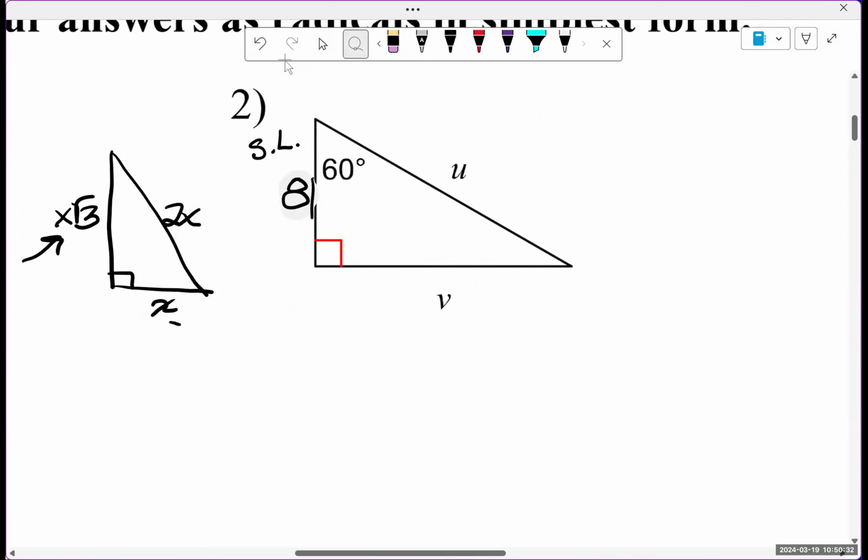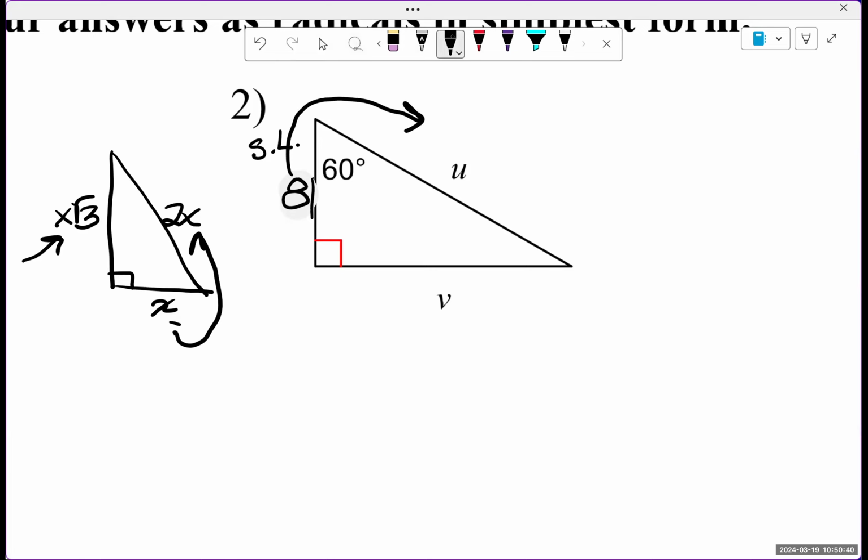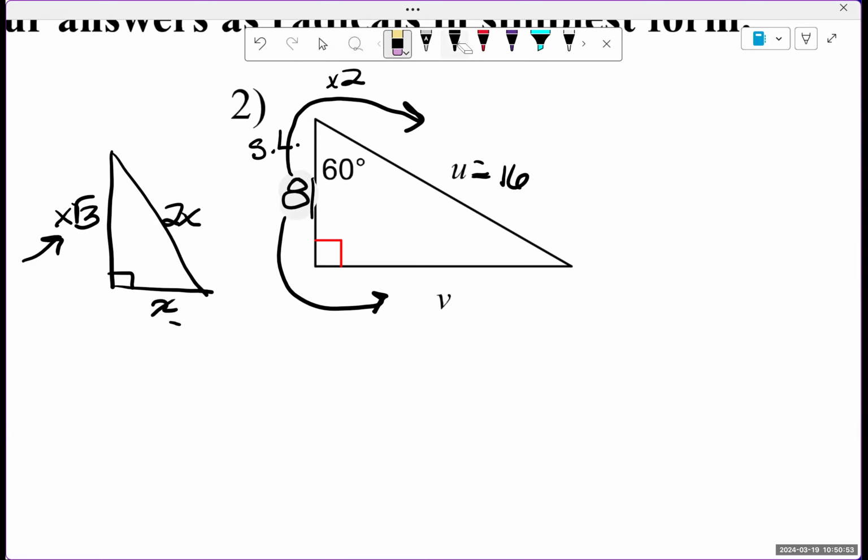Okay, how do I go from short leg? I always like the hypotenuse better than the long leg. Short leg to hypotenuse, multiply by 2 equals 16. Short leg to long leg.